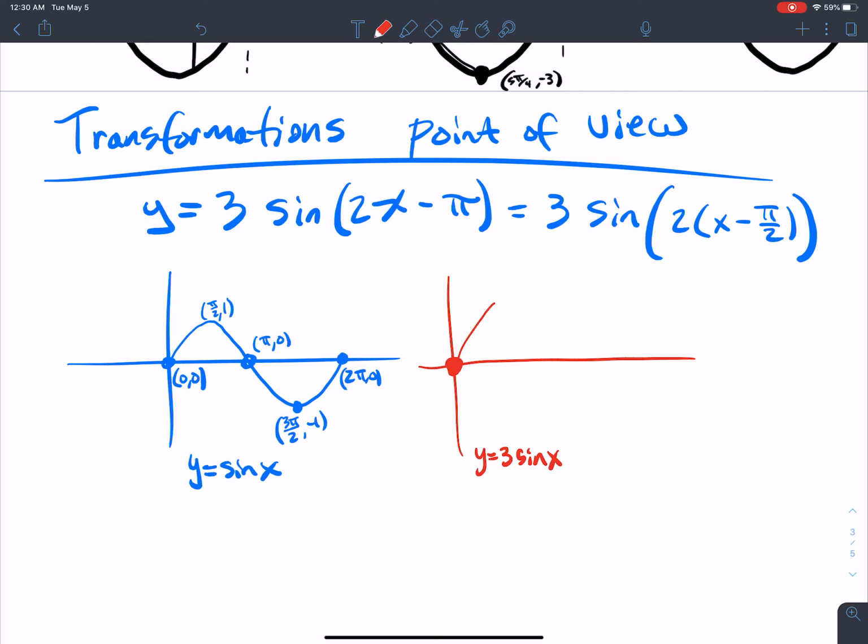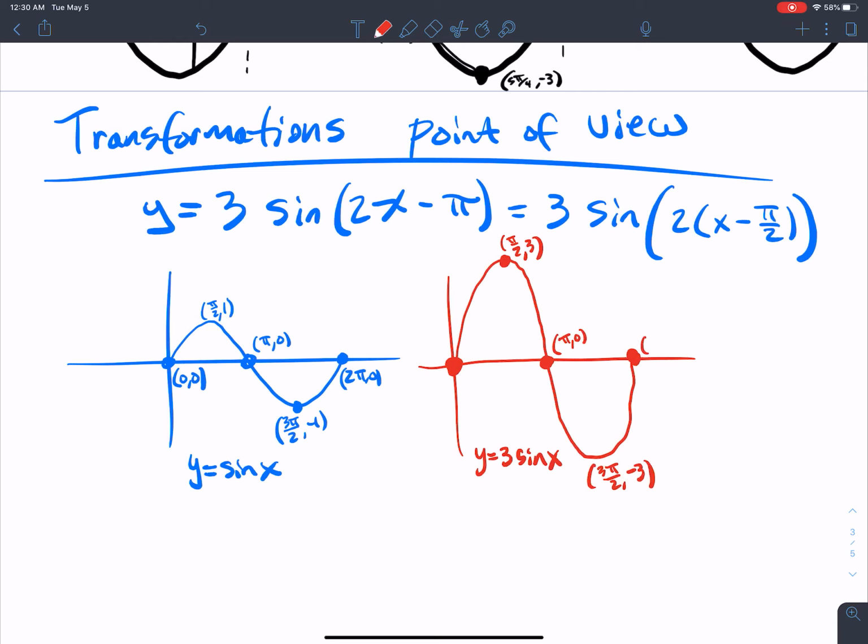But then this amplitude here, I'm not going to be able to do as good of a job, but you get the idea. We're up now 3 values higher, right? So magnitude of 3 in both directions. So instead of 1 to negative 1, it's 3 to negative 3. Okay?